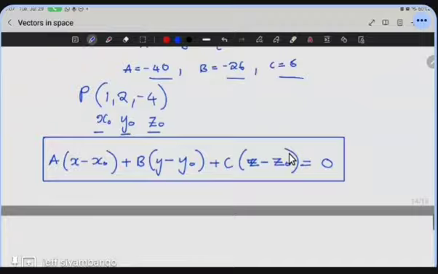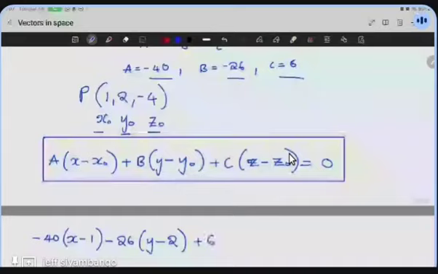So our A is -40. Our x is a variable. Our x0 is 1. Then plus our B is -26. Then we have y minus our y0, which is 2. Then plus our C is 6.